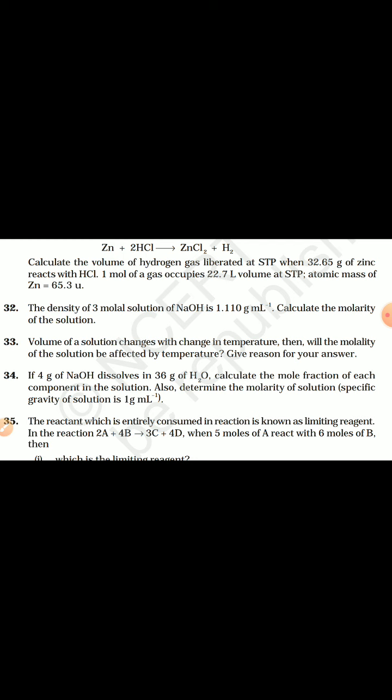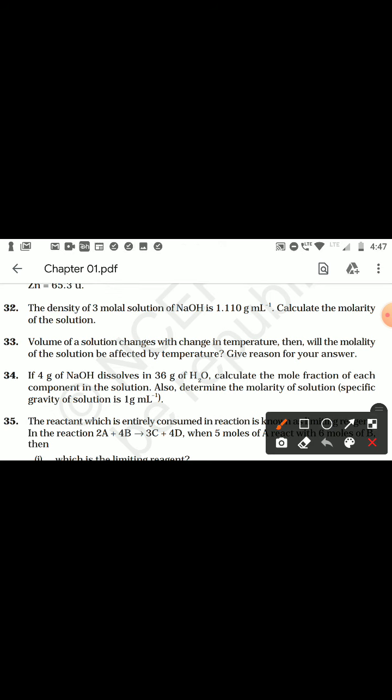In this case I will do this calculation: 1120 divided by the density 1.110, and that comes out to be 1009 ml. That is the volume of the solution.